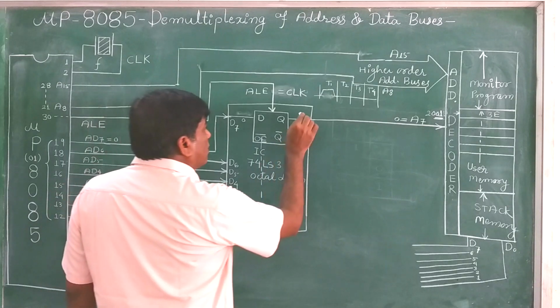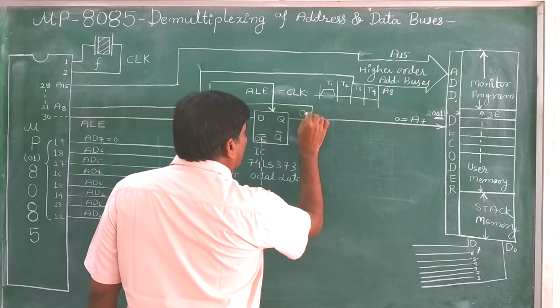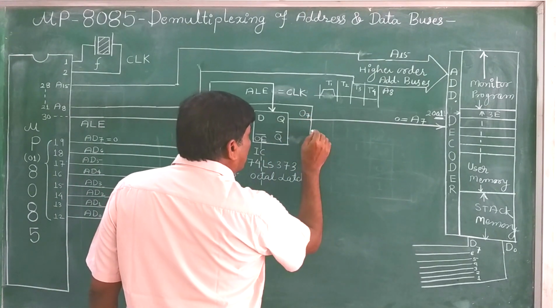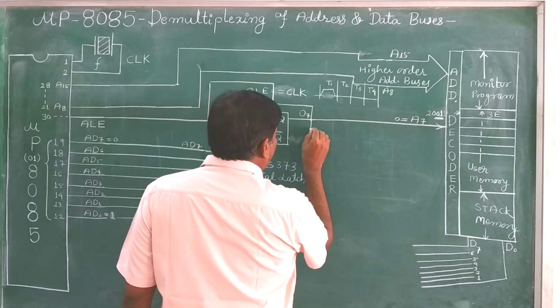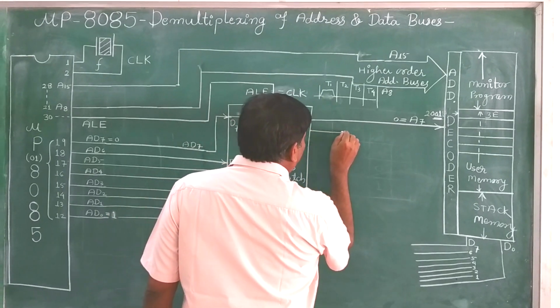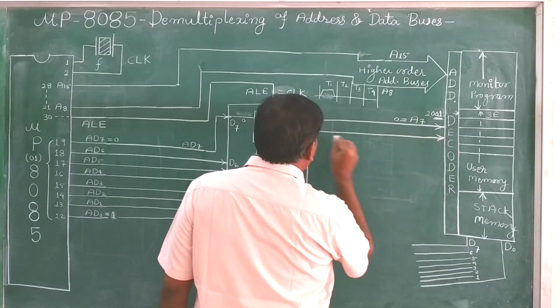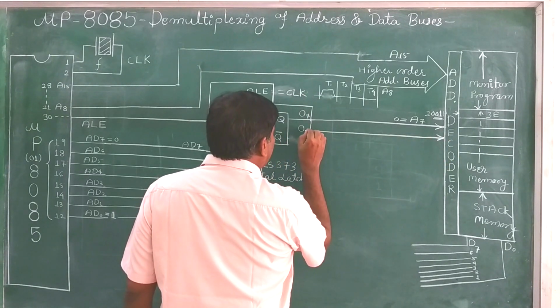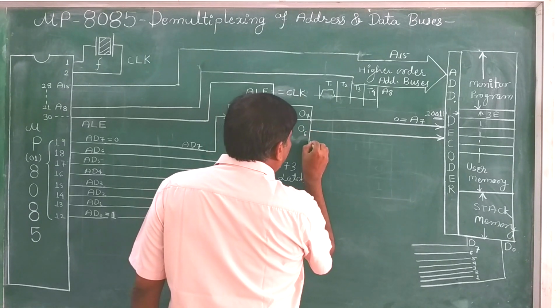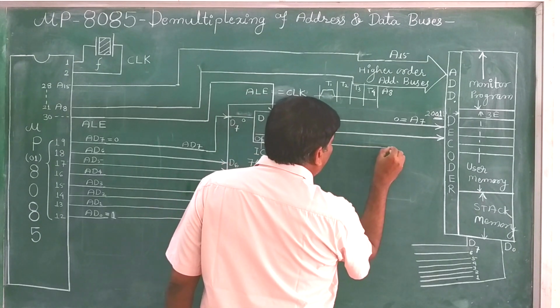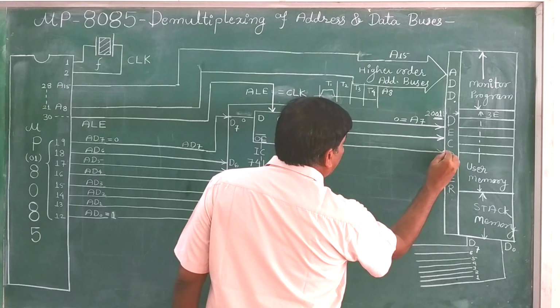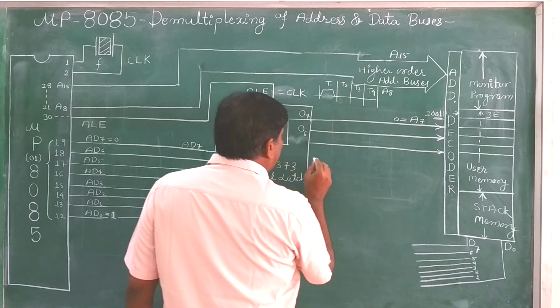These outputs are O7, and then O6, which again should be connected to the address decoder. We have O5, which should again be connected to the address decoder.